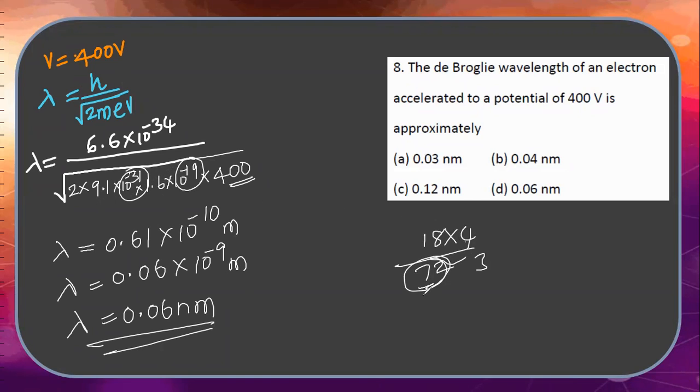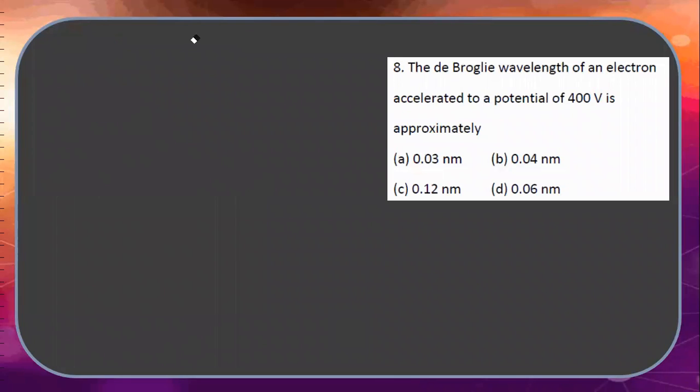It's nearly 75, like that will come. After simplifying this, we will get 0.61 into 10 power minus 10 meters. And again, we have to rewrite like this.